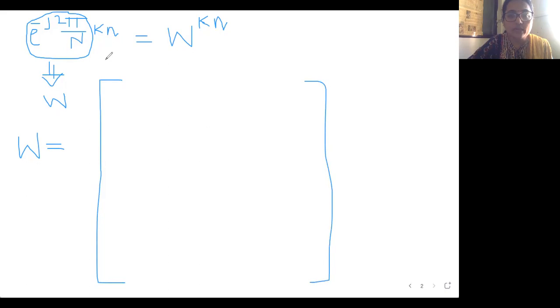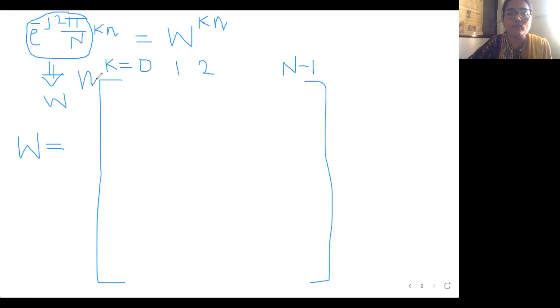For the W matrix, as I have told you, the K variable is considered for the column representation. The value of K varies from 0 to n minus 1, so the last index will be n minus 1. Similarly, n is also varying.